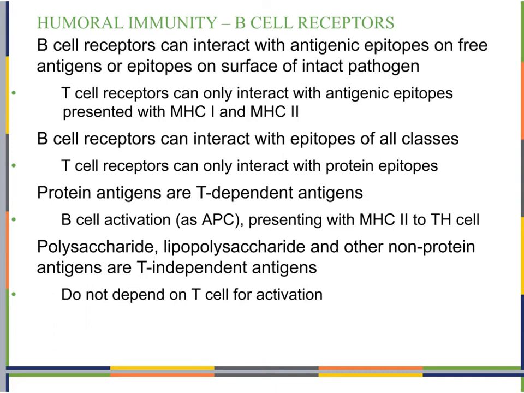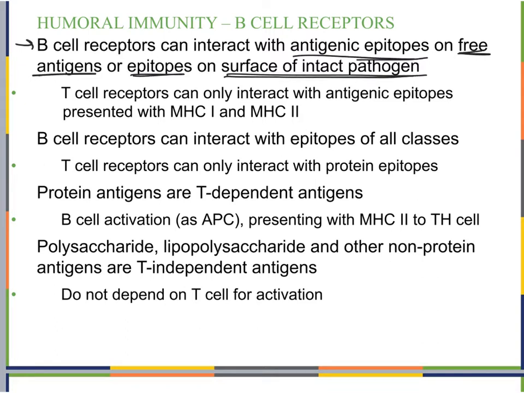So now the B cell receptors, so they are again immunocompetent and naive. The B cell receptors can interact with antigenic epitopes on free antigens or epitopes on the surface of an intact pathogen.